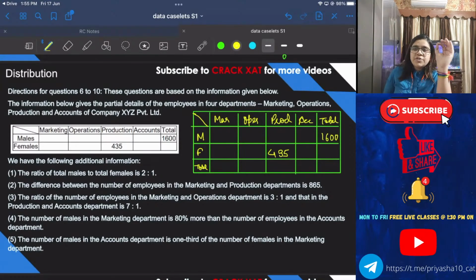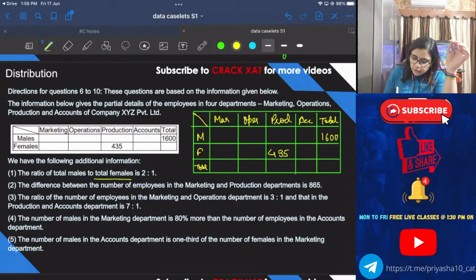Do not confuse with the fact that 2 is to 1 is the ratio, so the number of males in the production will be double of 435. I am just saying this in the middle because I don't want you people to do a full wrong calculation and come back. Total females and total males ratio is given to you. That means this ratio is given to you.